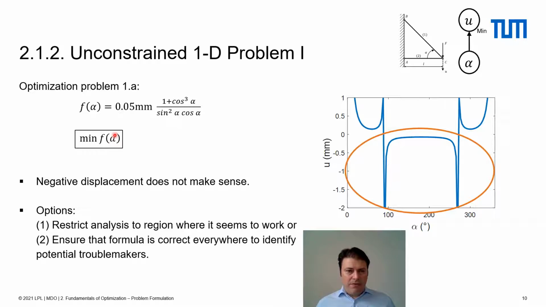Now, let's have a brief look at the shape of our objective function. If we plot this, we notice that in a range from 0 to 90 degrees, we will get a positive response. So starting from something that is pretty big, the displacement would become smaller and smaller and then increase again.